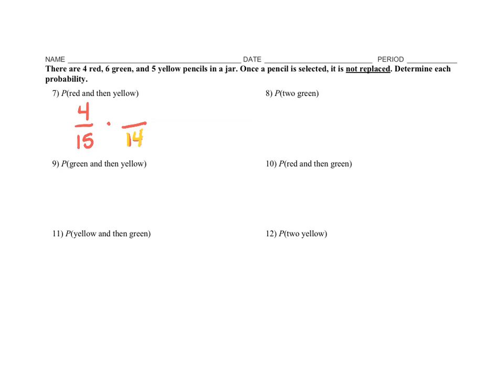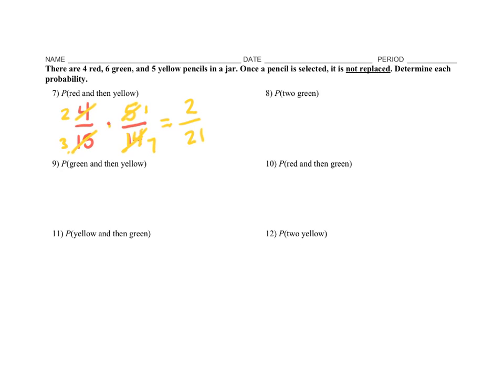And then how many yellow pencils are in the jar still? 5, okay? So we can simplify. This would be divisible by 3, this is divisible by 2, and if you don't want to simplify, it's fine, just multiply straight across. I just didn't want to do 15 times 14. 2 times 1 is 2, 3 times 7 is 21.